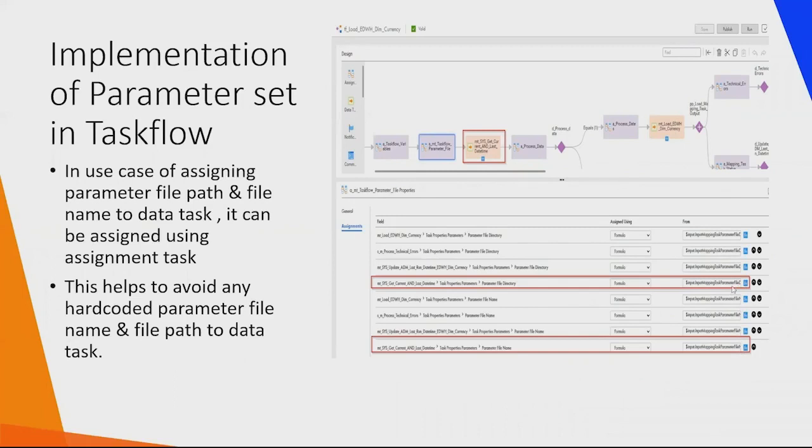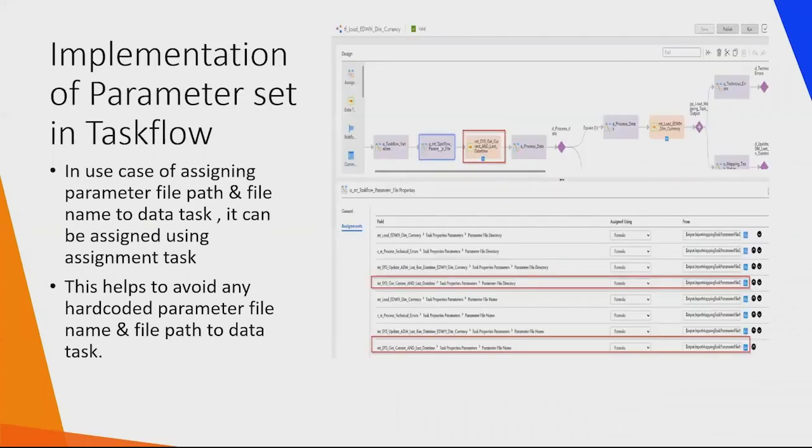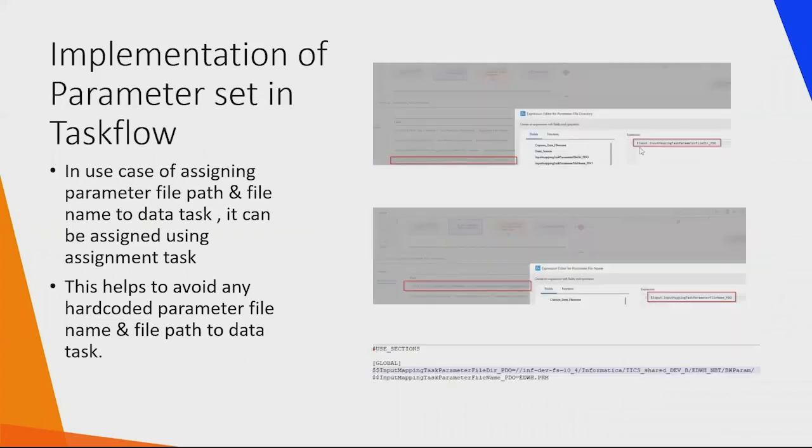Instead, we define the path and the file name in the parameter set, and here in the assignment task, we can assign that particular parameter. As an example, for path, we have passed this parameter and the value is this. Similarly, for this file name, we have passed this parameter, and the value is this.